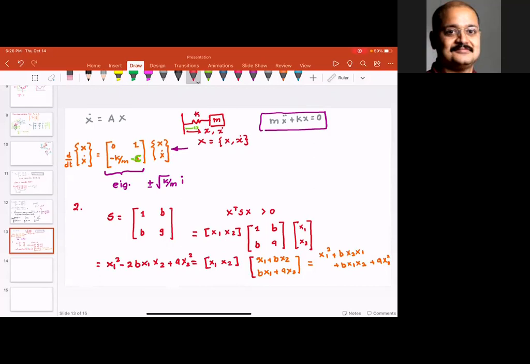What happens when the value of b is minus 1? If the value of b is minus 1, your equation is going to become x1 square plus 2 x1 x2 plus x2 square. Do you agree with me? Yeah. So the coefficient for the x1 x2 is positive 2. Sorry, I made a mistake. Okay. So then this is the condition.